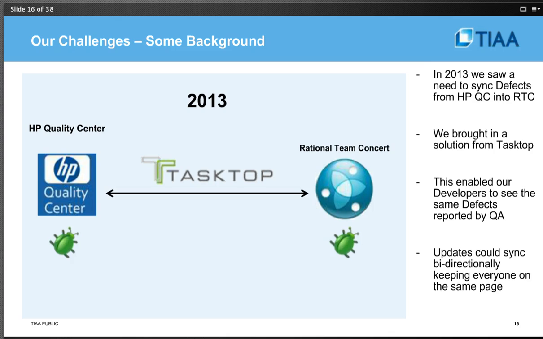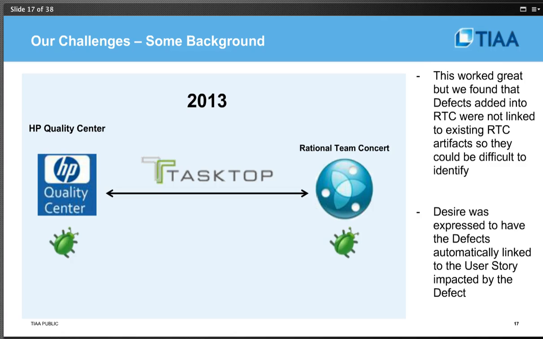We could set up those defects so they could sync bidirectionally. So QA could update the status, Dev could update the status, they could update comments, add attachments, update fields, all that would synchronize back and forth so everybody was on the same page. And that was working really great, and we were really pleased with that.